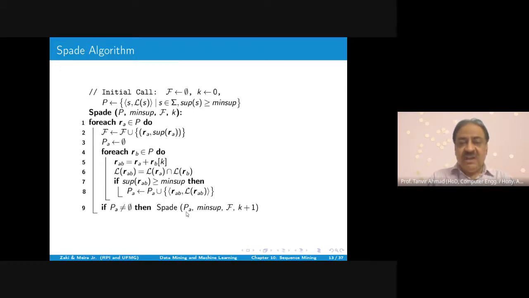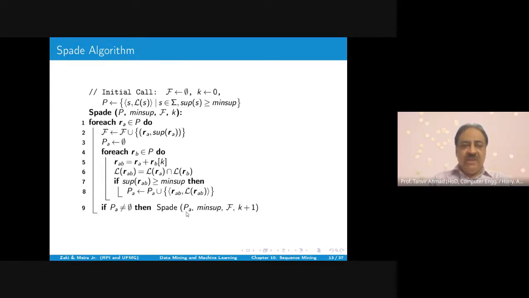The minimum support will always be fixed. But the K will change, because initially I start with K equal to 0. Then I get K equal to 1, K equal to 2, K equal to 3, and keep on doing this until the algorithm terminates. If I get a PA which is not equal to 0, then I will call it recursively. If PA becomes 0, I cannot develop any more extensions.